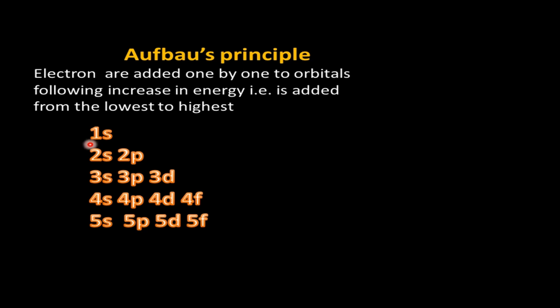This is how electrons are added: 1s first because it has lower energy, then 2s, because after 1s comes 2s, that is the increase in energy, followed by 2p, 3s, 3p, 4s, 3d, 4p, 5s, 4d, 5p, 4f, 5d, and 5f, then continue like that.